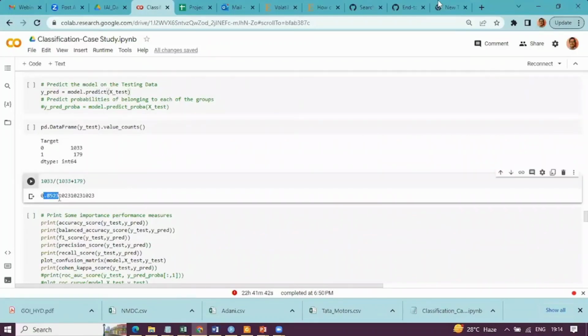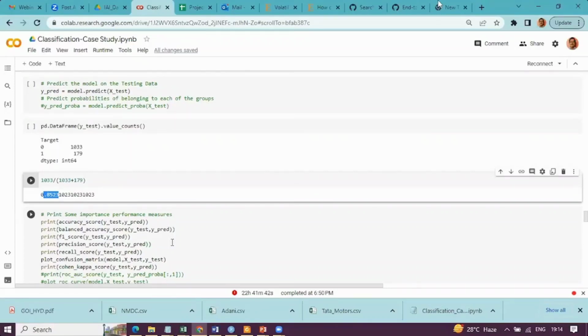We could see that 85.2% of the overall data is zeros, which means not defaulted, and only around 14.77%, approximately 15% of the data have defaulted.